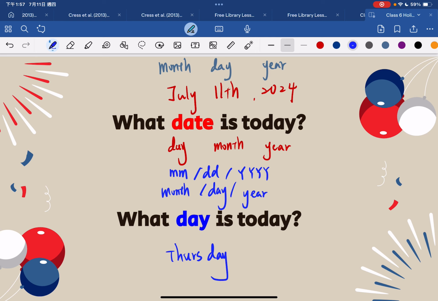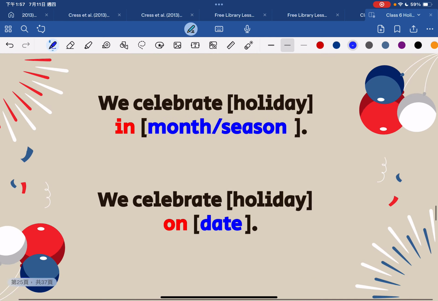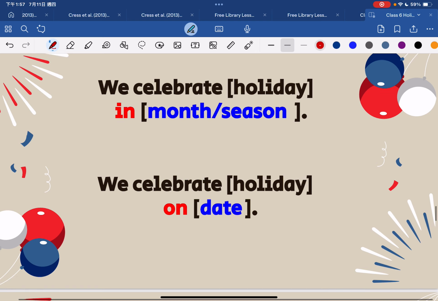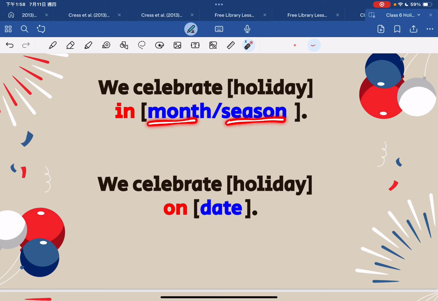So here we're going to talk about two different things. When we talk about a month and a season, we use "in." For example, July 4th is in summer. July 4th is in July. Or Independence Day is in July. Let me write it down.